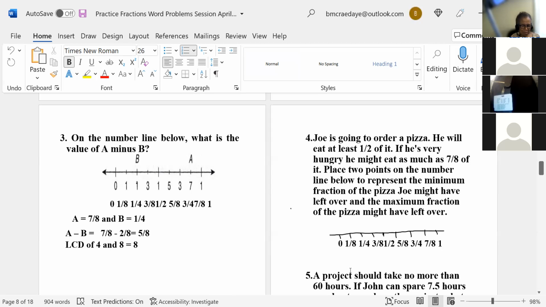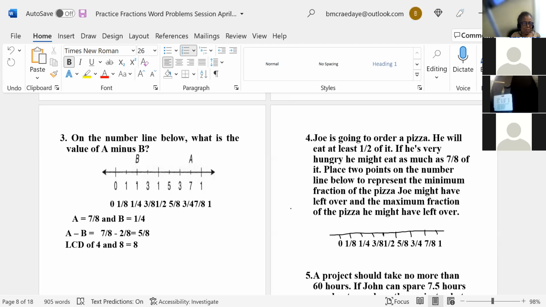Okay, so he will eat at least half of it. Maureen, you understand that, right? If he's very hungry, he might eat as much as 7/8 of it.